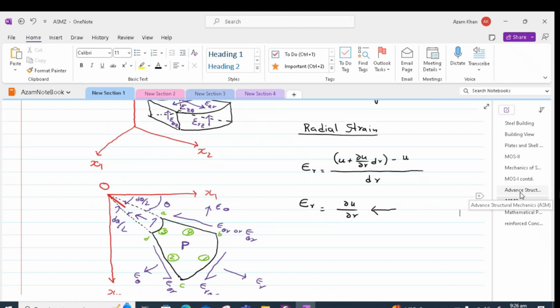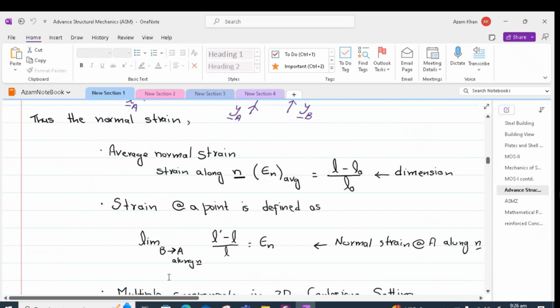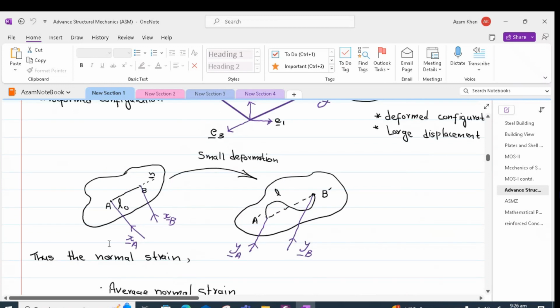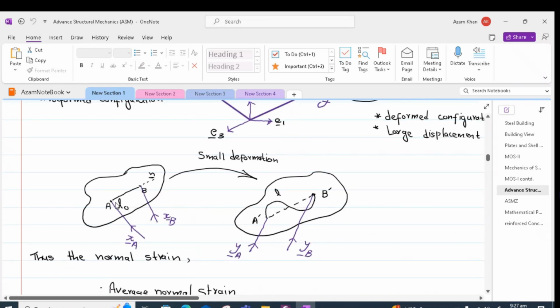Now let us remind ourselves of the strain at a point, which we define as change in length divided by original length if our element becomes very small. This is something we defined while deriving our strains in the Cartesian coordinate system. We had an element AB within the body, and that was deformed into A dash B dash.